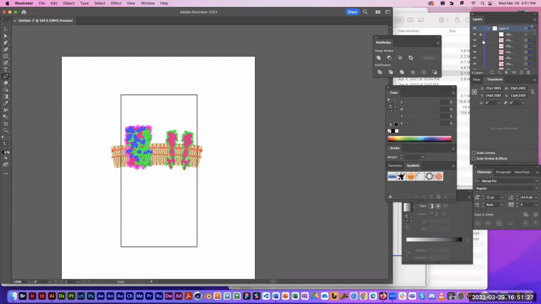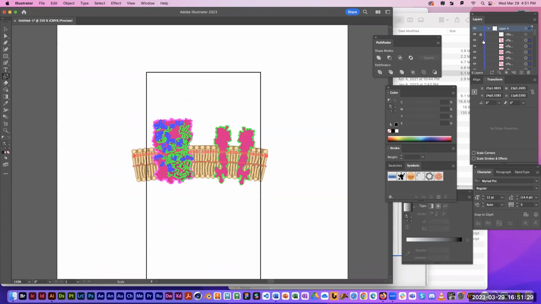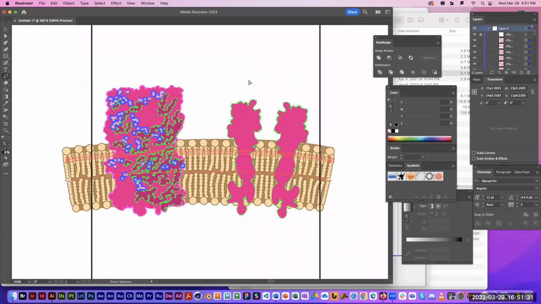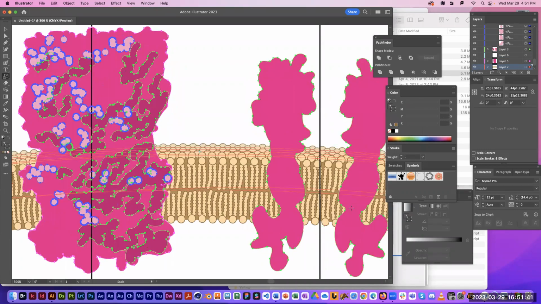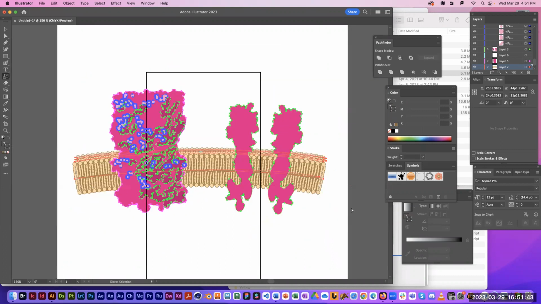The problem is, you might notice the strokes aren't scaling. There is a setting that you can choose to make sure that they do scale.